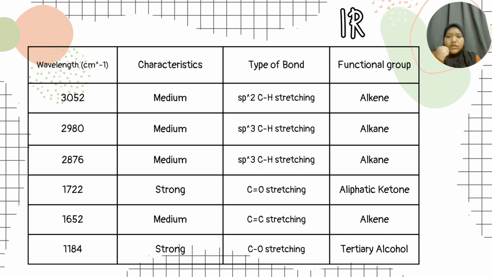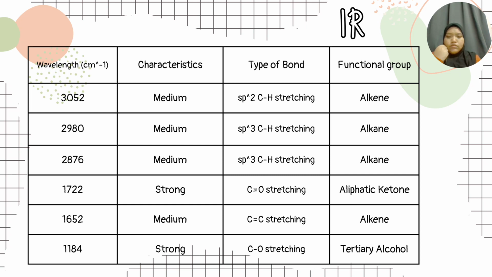For 2980, medium, sp3 C single bond H stretching, alkene. 2876, the characteristic was medium, and the type of bond sp3 C single bond H stretching, alkene. It is the same as wavelength 2980.